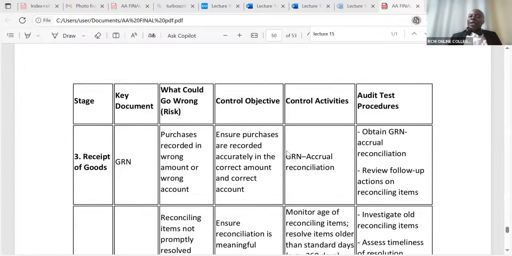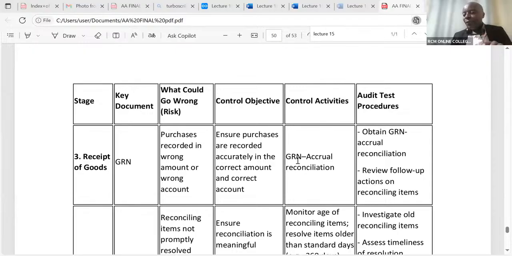Ladies and gentlemen, what are the control activities that you expect here? As an accountant, remember we said, when you receive these goods, if they are goods for resale, you shall debit purchases account. And remember here now you have not paid, so you credit accrual account. And that is why the very best control activity to mitigate these wrong issues is to ensure that you are casting.